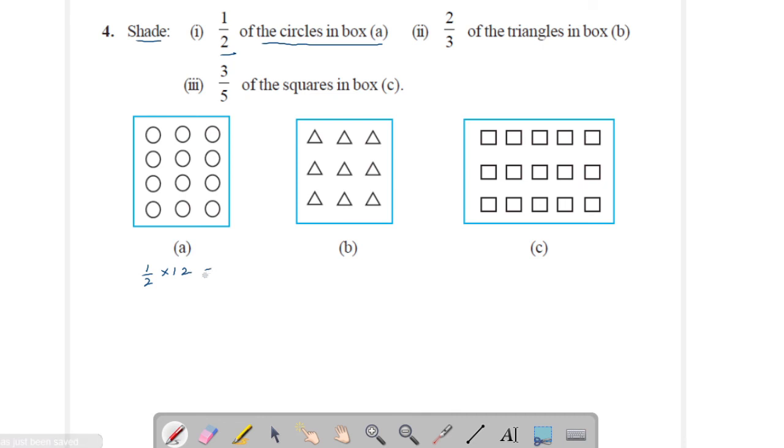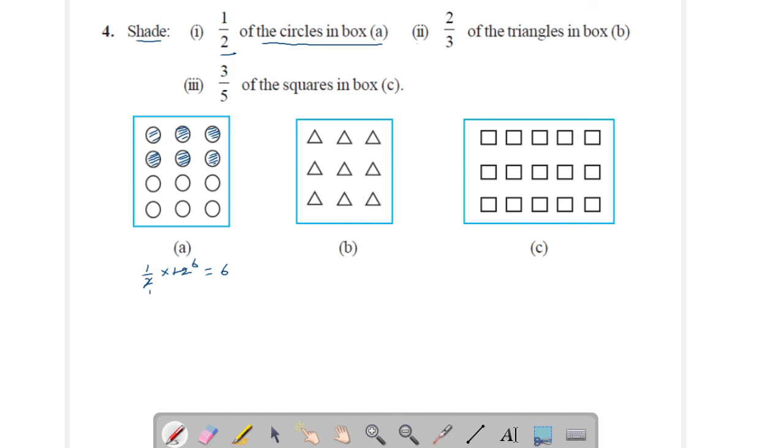You can cancel: 2 ones are 2, 2 sixes are 12. That is 6. You say 6 circles. This will be half of the circles.